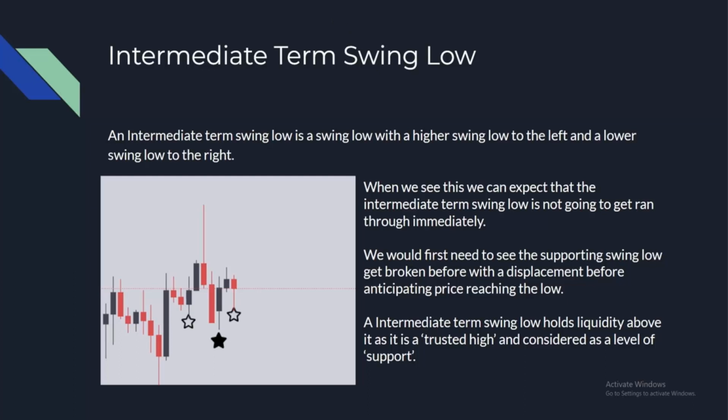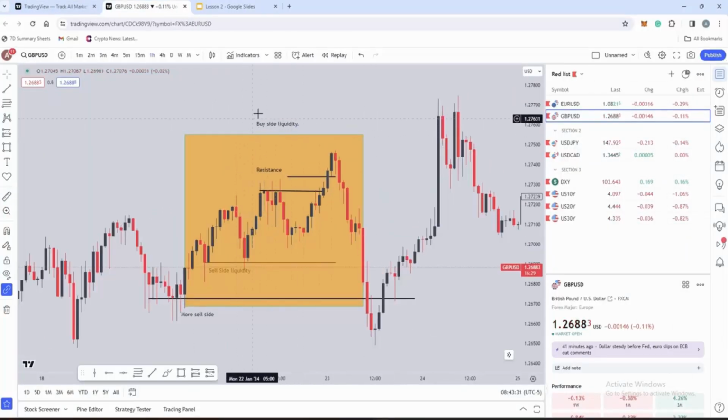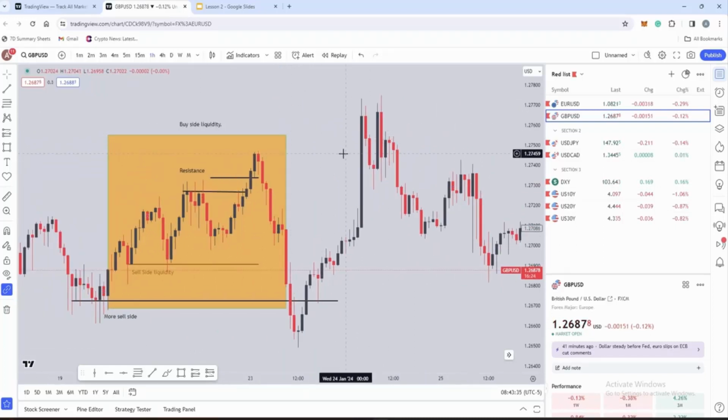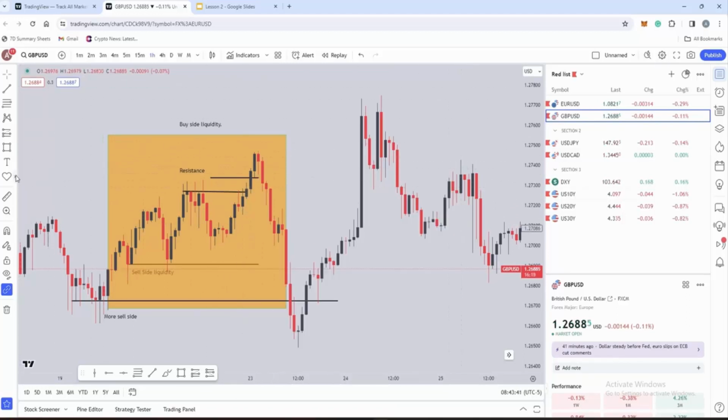Now that you know what the intermediate term swing low is, let's actually go into the charts and see how it actually is. So we'll keep this to the side, and now we're going to look for an intermediate term swing high. Wow, it's right here. So let's see why it's an intermediate term swing high.